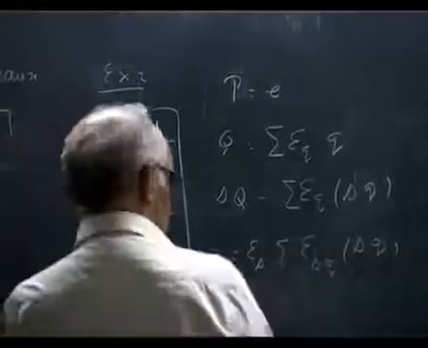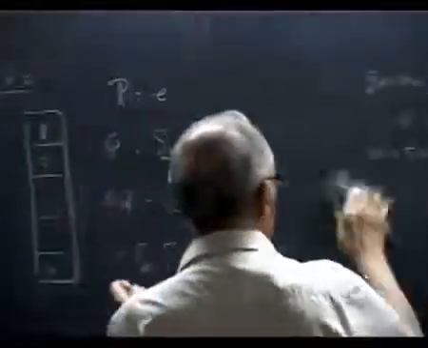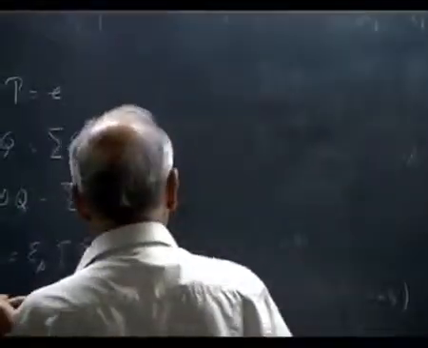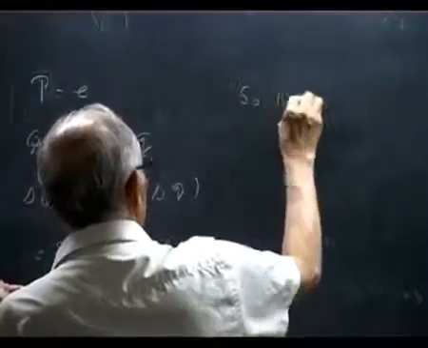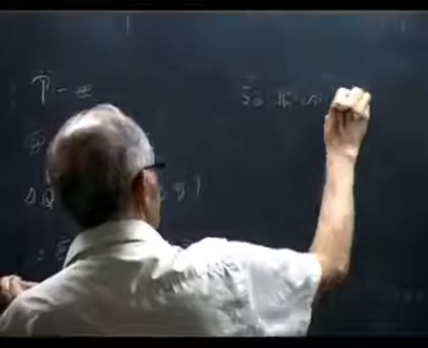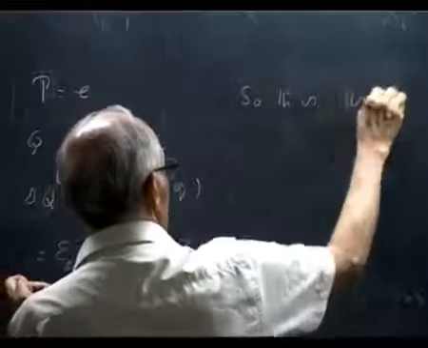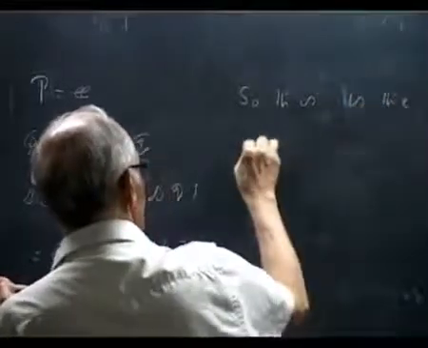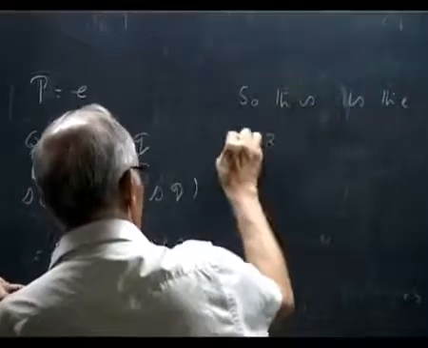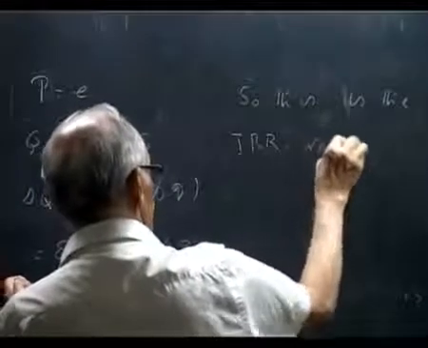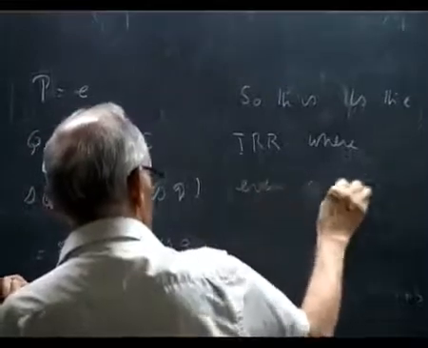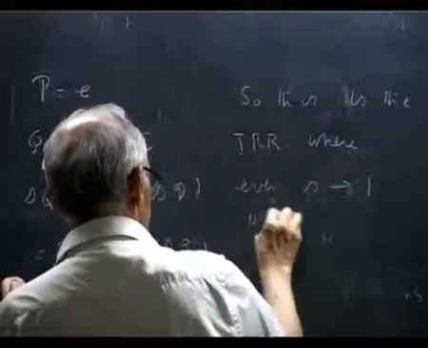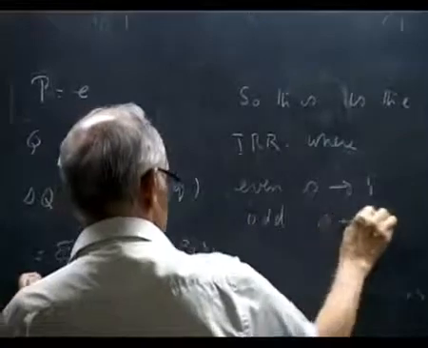So this is the representation, the IRR, where even S goes to 1, odd S goes to -1.